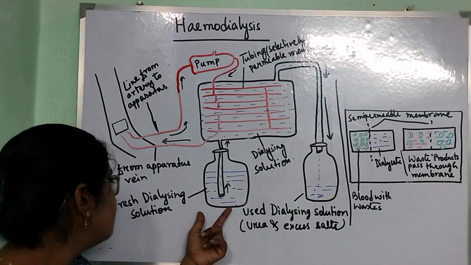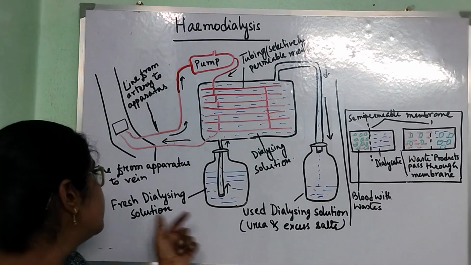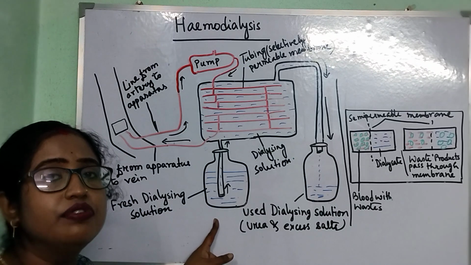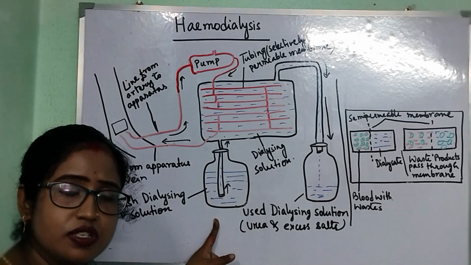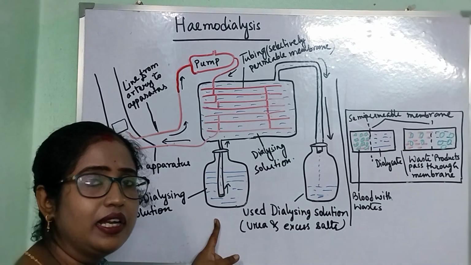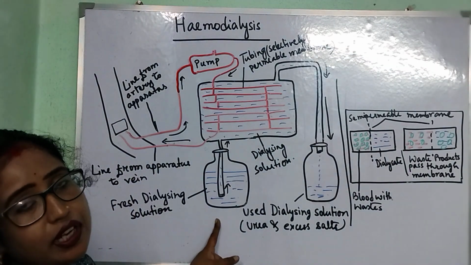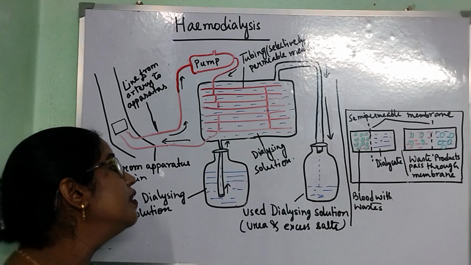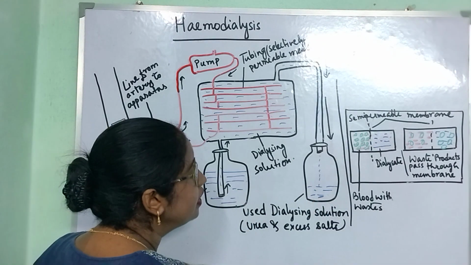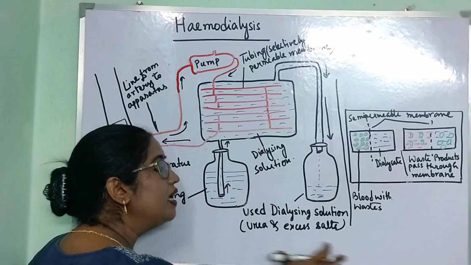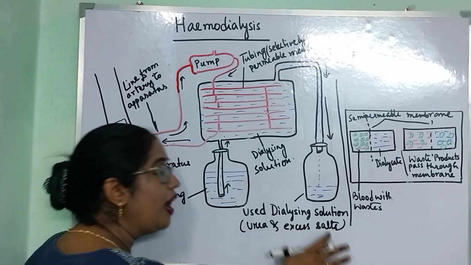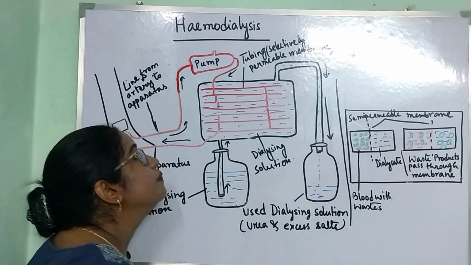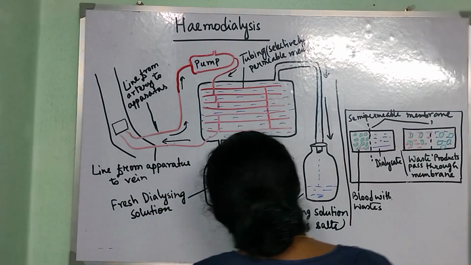The first container contains the fresh dialyzing solution. It doesn't have any kind of waste material. This is a fresh dialyzing solution that contains some special type of solutions in it. The next container is used for the dialyzing solution that contains urea and excess amount of salt.